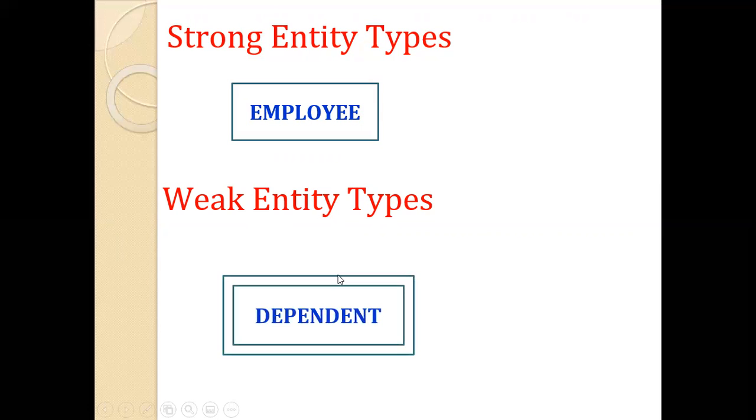For example, dependent. Dependents of some employees are weak entity types because they cannot be identified by their own SSN. There is no social security number for all the people like the dependents. They should be identified by the employee, so they are referred to as weak entity types where key attribute is absent, and it is indicated by a double lined rectangle.